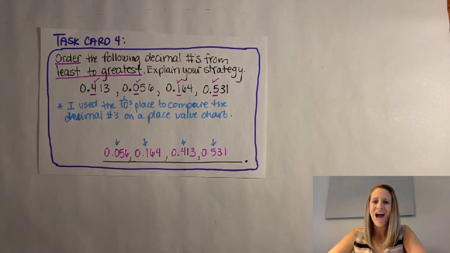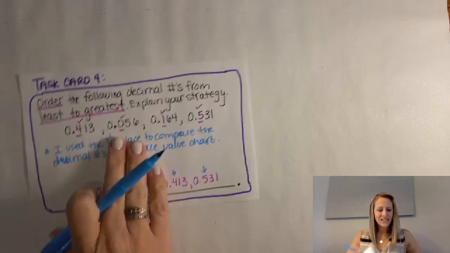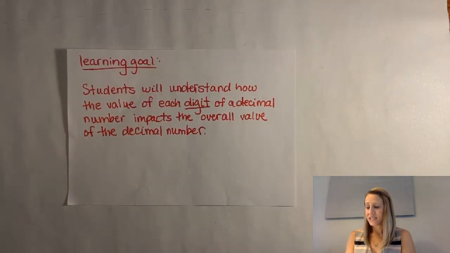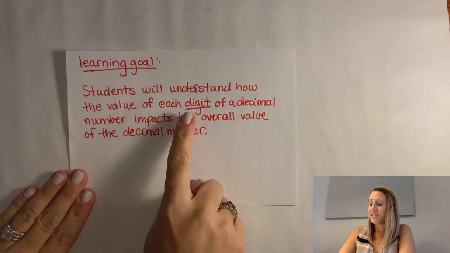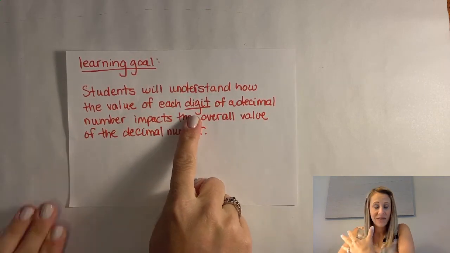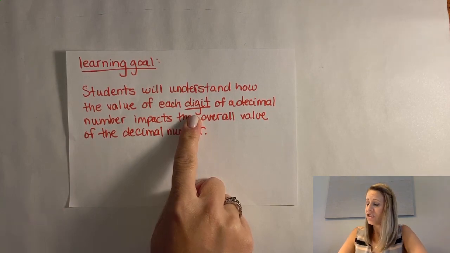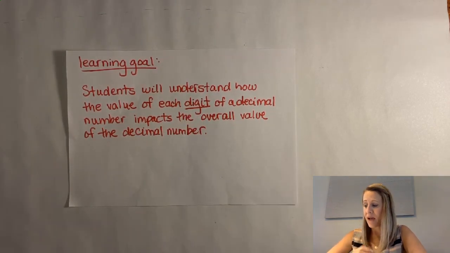Okay, all right. Thank you guys for joining me today to compare numbers. Remember, what we've discovered is that each digit, for example, in the one that we just did, the tenths place, each digit of a decimal number impacts the overall value of the number.